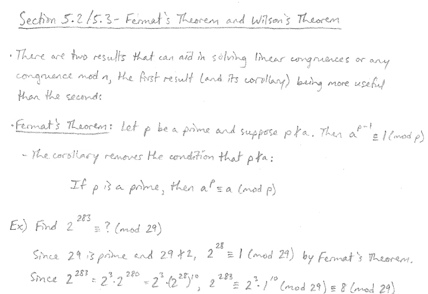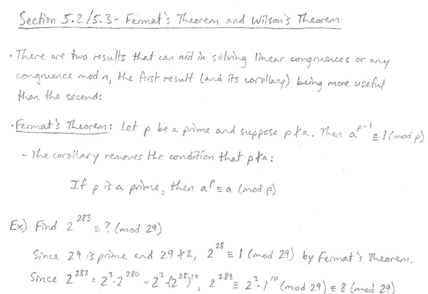The first result and its corollary are much more useful than the second one. The second one, which as we'll see is called Wilson's theorem, hardly ever gets used in this course, but I figured I'd throw it in there just for the heck of it.